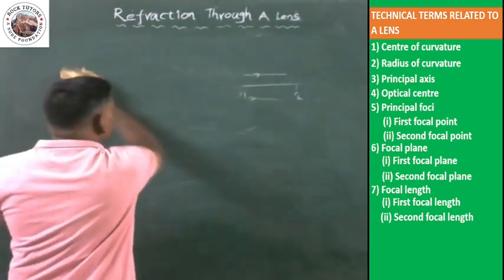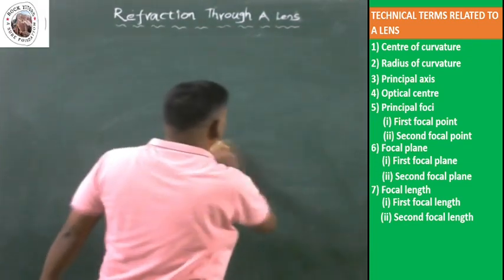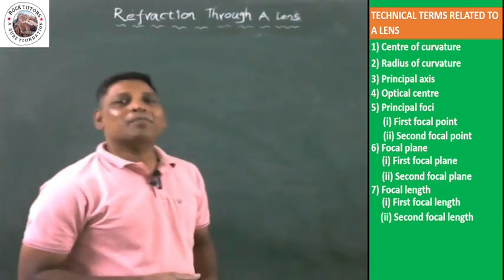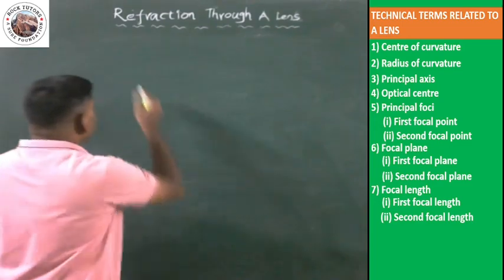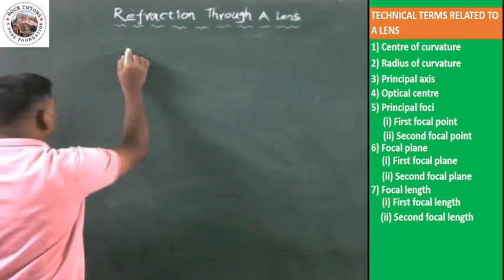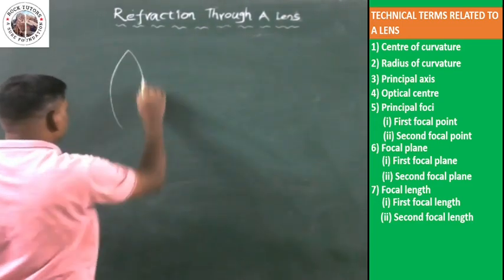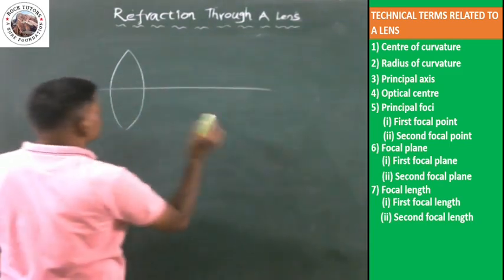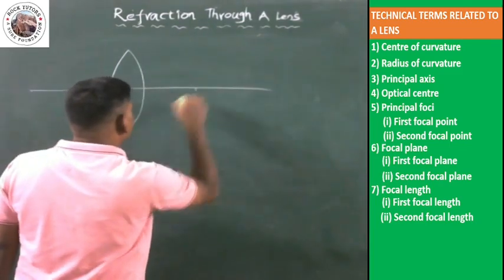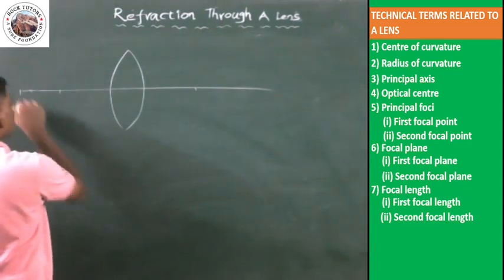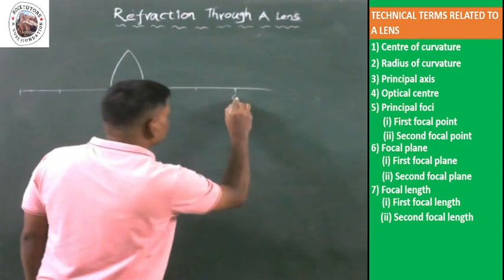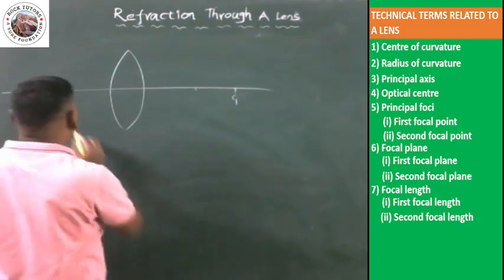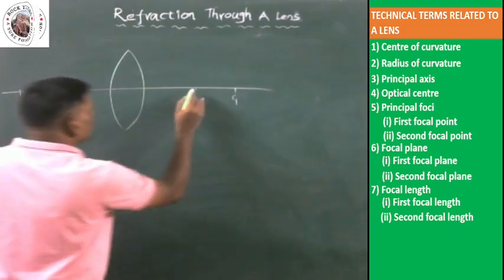Next term is focal plane. Focal plane means, this is a convex lens and this is C1, C2, F1, F2.